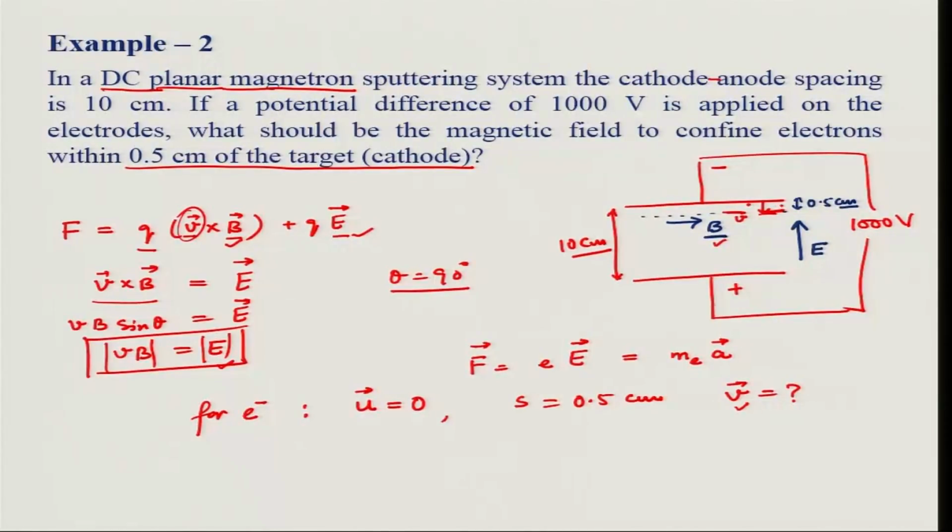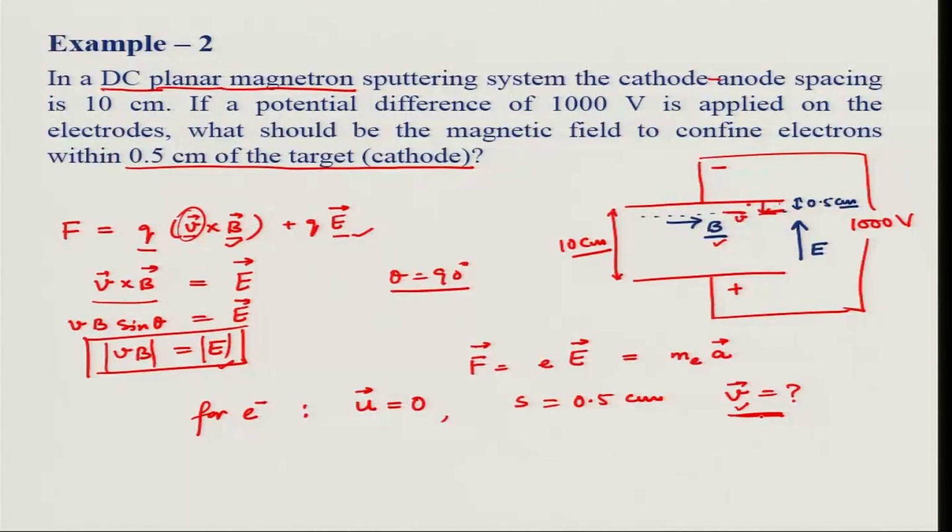So, V cross B will never be enough to counter the electric field. So, they will continue to accelerate towards the positive electrode, okay. But as soon as they reach velocity V and at 0.5 centimeter, the B cross V value will be equal to E and they are confined.